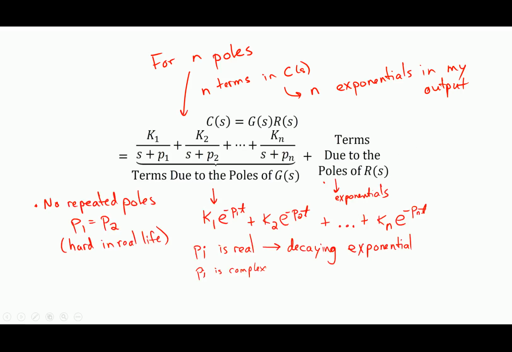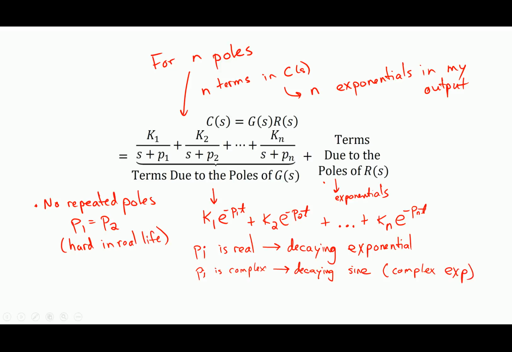if P sub I is complex, ultimately P sub I has a partner, a complex conjugate, somewhere else in this thing. So in other words, if P1 was complex, P2 would also be complex, and it would be the complex conjugate. So two of these give me a decaying sine wave, or really a decaying complex exponential.